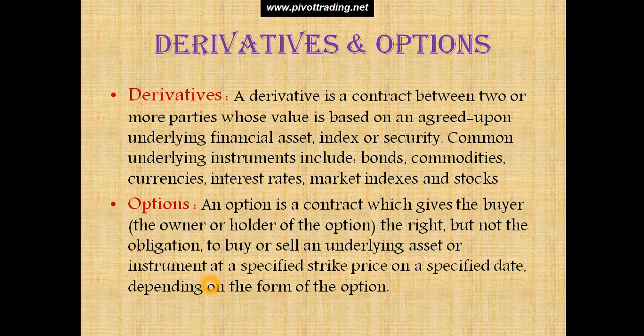Now, to break down this definition: an option is one form of derivative product. The person who buys this contract has the right but no obligation. Understand this word correctly. He has the right but not the obligation to buy or sell a particular underlying.